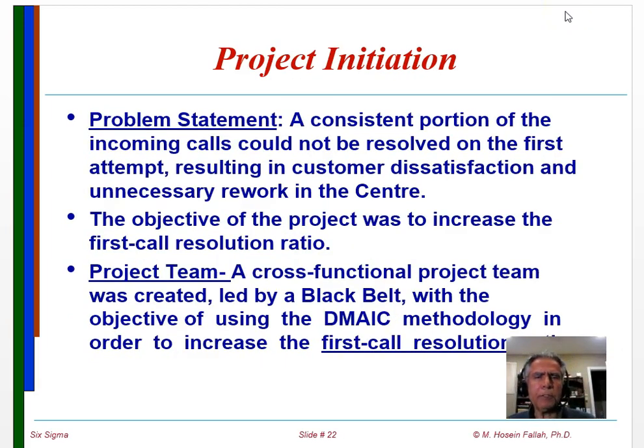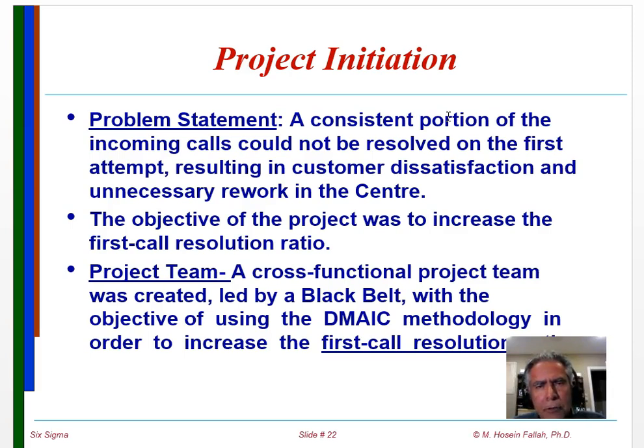So the project was initiated to improve customer satisfaction, and in the problem statement, the notion was that a percentage of the calls coming in are not resolved on the first attempt, and that results in rework and lower customer satisfaction, and they wanted to improve that.